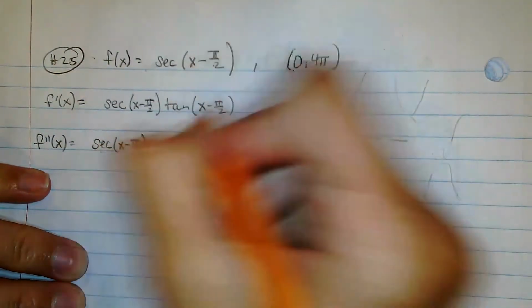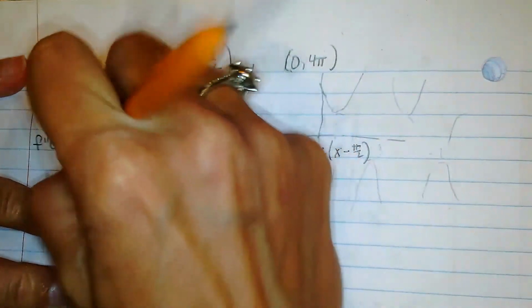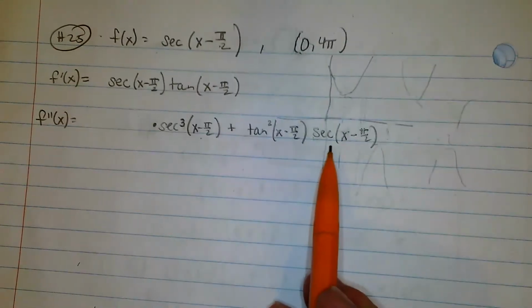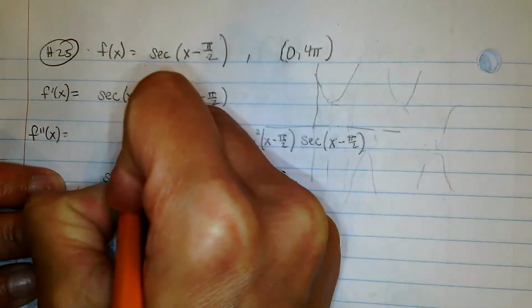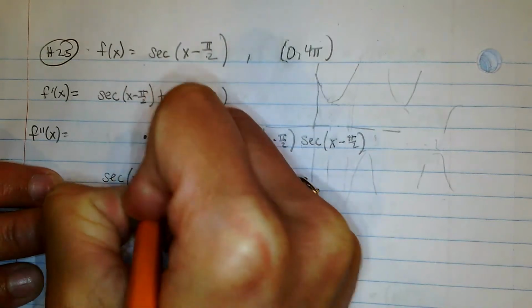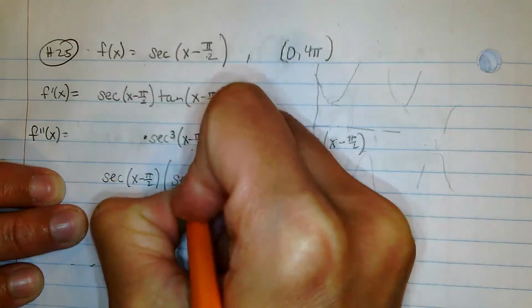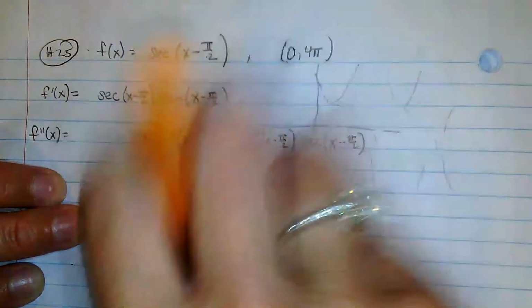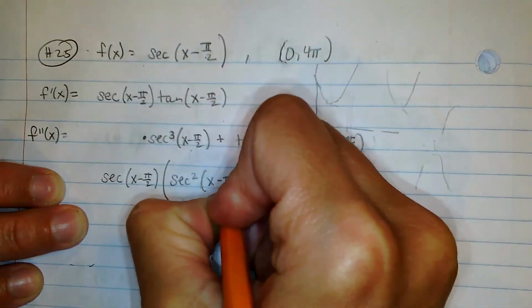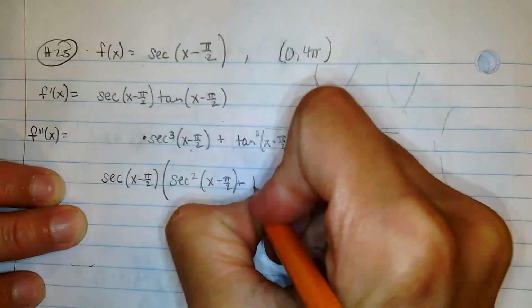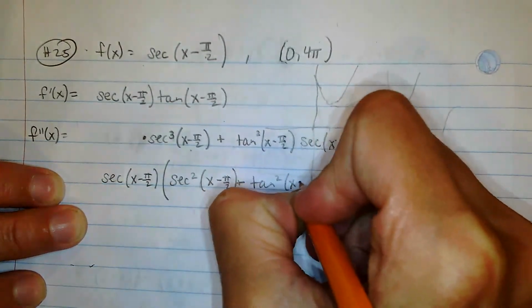I didn't realize at the time that that's just a secant cubed, and I can get rid of this one. Here we are. So now we can factor out a secant of x minus pi over 2, and I'm left with secant squared plus tangent squared.